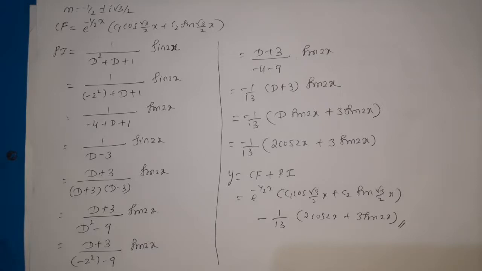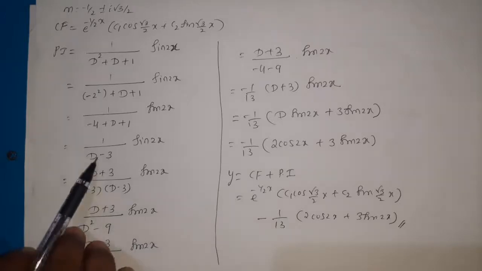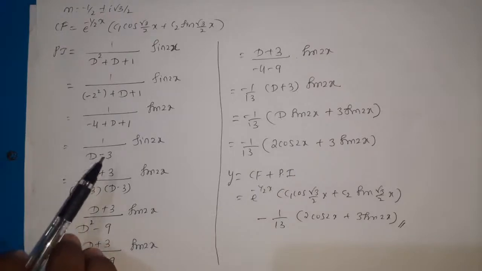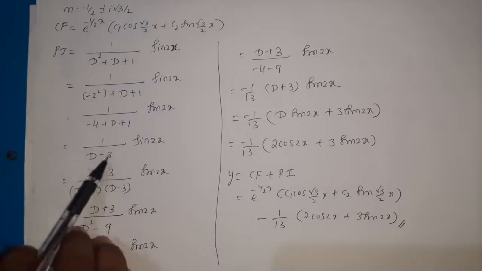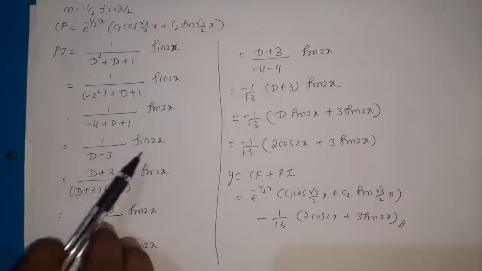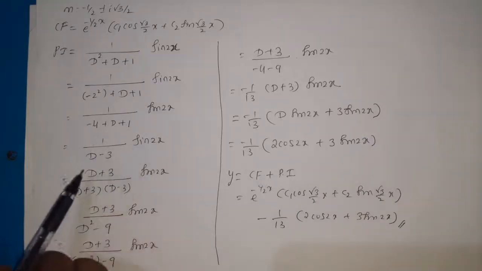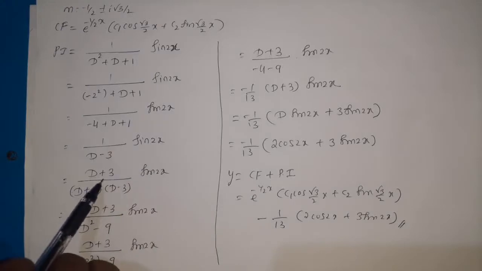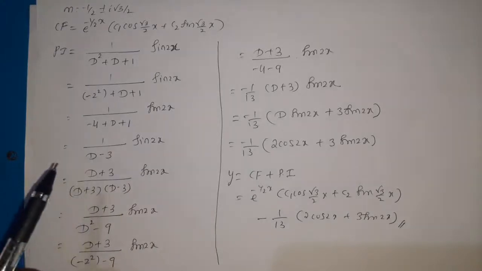If only d is remaining then no problem, 1 by d is integration of x, but here it is not only d, it is a linear equation in d. So in this case we cannot integrate the function directly, so first you have to rationalize the denominator and then move further.